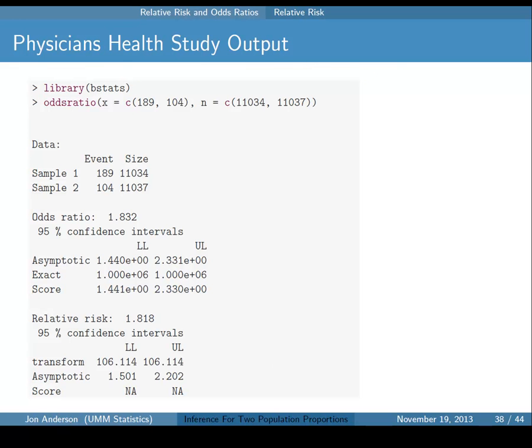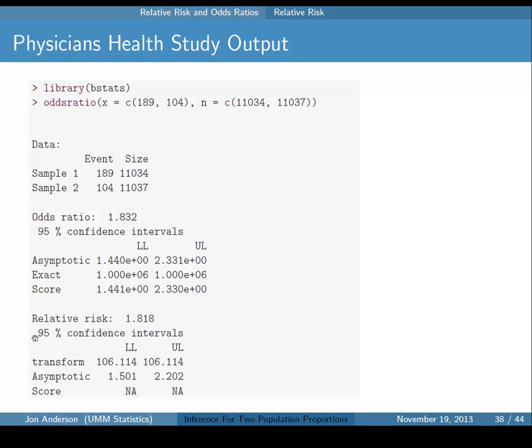You can analyze this kind of data in R and RStudio with a package called BStats, or biostatistics package, and there's an odds ratio function in that package which will calculate these relative risks for you. You put in the number of events in a list like we've been used to doing: 189 heart attacks for placebo, 104 for aspirin, and total number of subjects, 11,034 for placebo and 11,037 for aspirin.